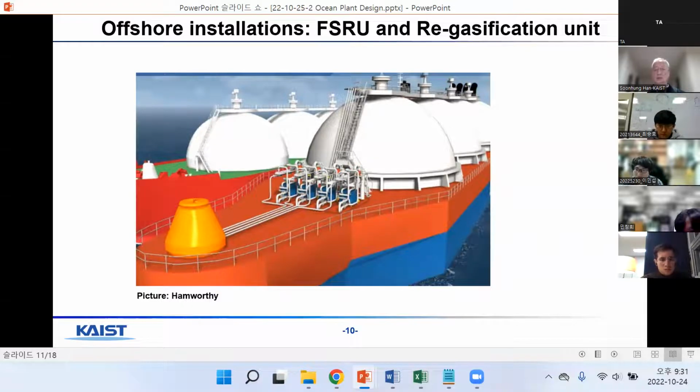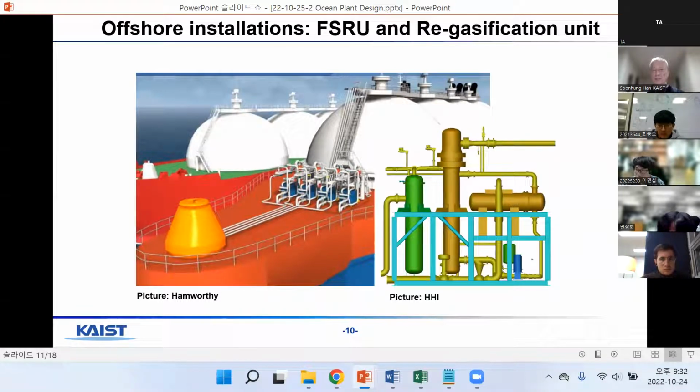So it should be reversed to liquid by using a regasification or liquefaction system. Right, this is a picture of that equipment to change liquid to gas, or change gas to liquid again.